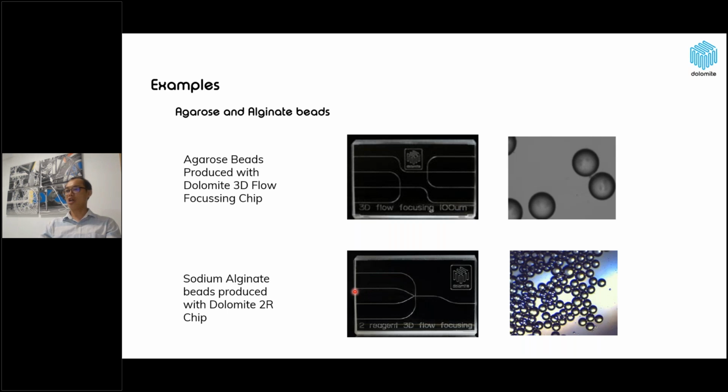The two reagents, the alginate and the other chemical, will be introduced into the microfluidic chip and generate at the drop junction a droplet that contains alginate and the other reagent, and finally the reaction will occur inside the droplet and generate the hydrogels of alginate.